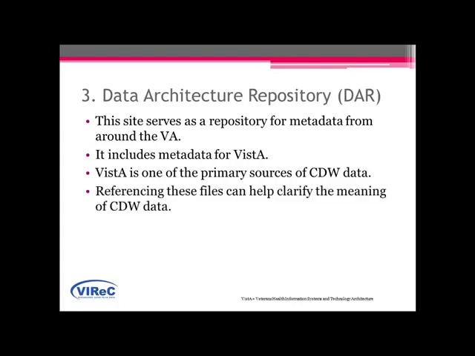So by going to the data architecture repository at times, I'm able to help clarify the meaning of things that remain unclear to me when I look at the metadata that are available in the Corporate Data Warehouse SharePoint site.